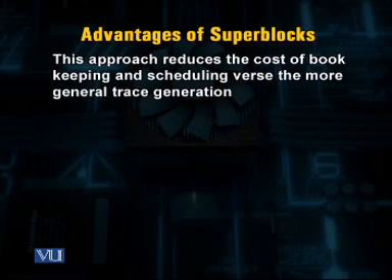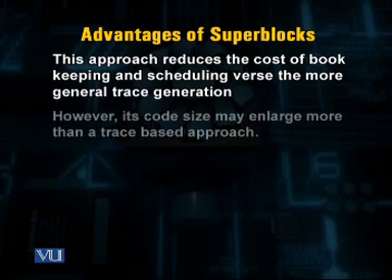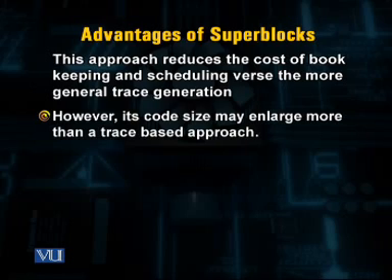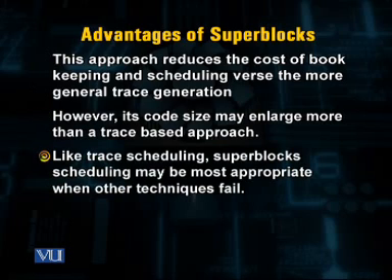Firstly, you can see that this approach reduces the cost of bookkeeping and scheduling as compared to the general trace generation and trace scheduling. Furthermore, its code size may enlarge more than the trace-based approach, but its complexities are less. Like trace scheduling, superblock scheduling may be most appropriate when the other techniques fail.